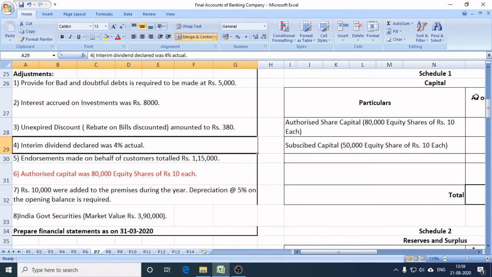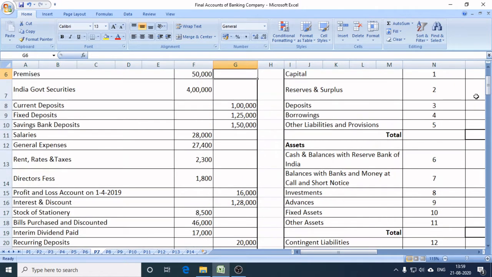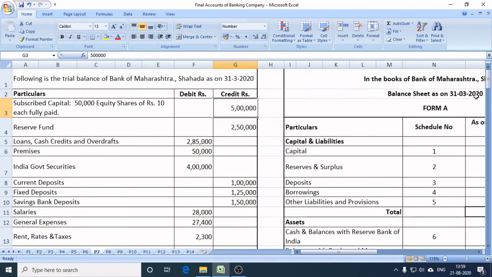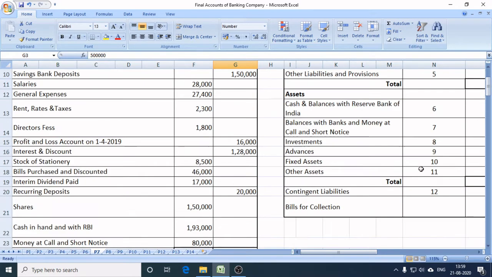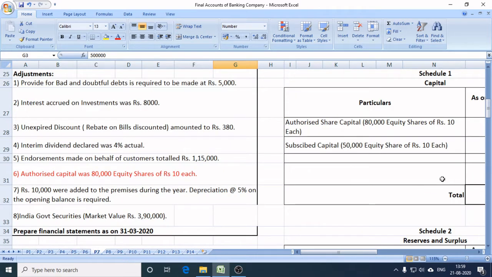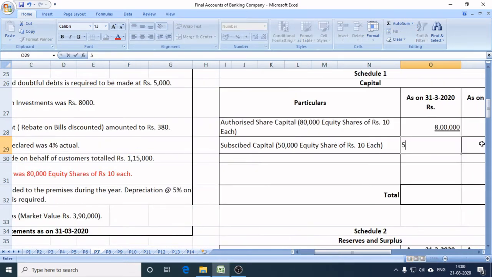And at the same time, if you see the first particular, that is subscribed capital, in total there are 50,000 equity shares and the face value per share is rupees 10, and it is fully paid up. So 50,000 into 10 becomes rupees 5 lakh. So this is the subscribed and paid up capital of a bank.